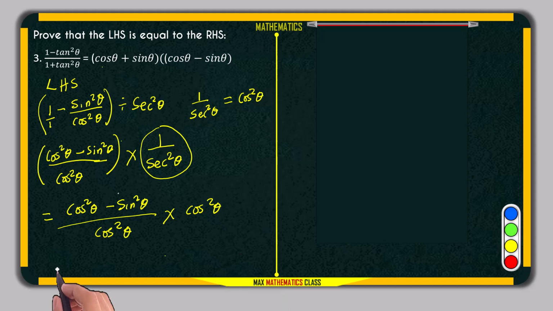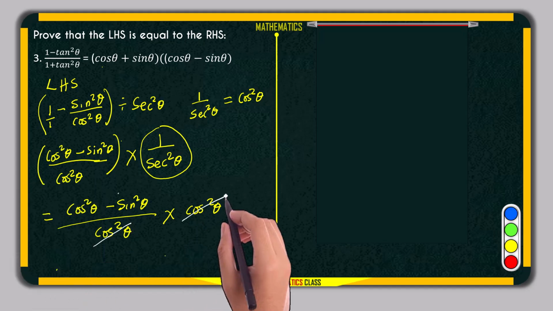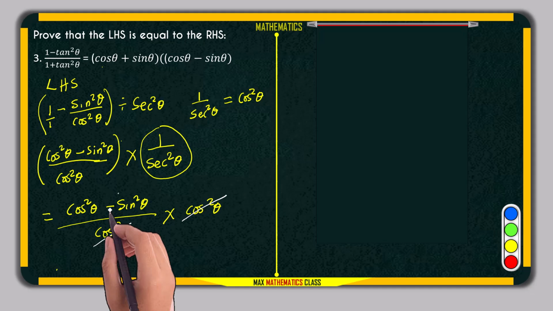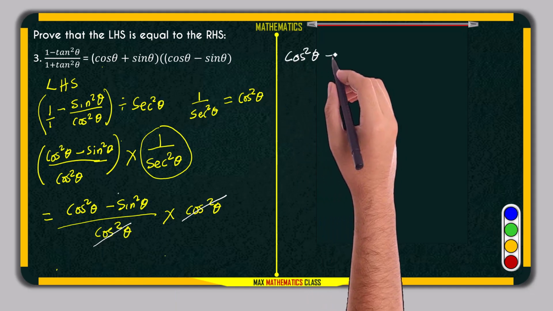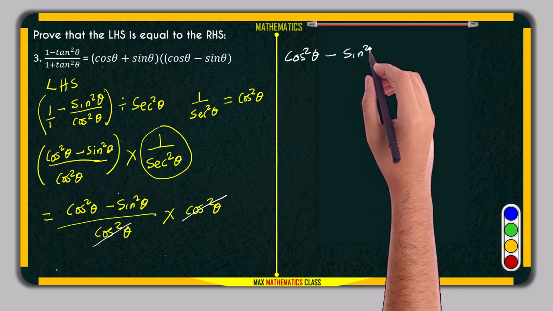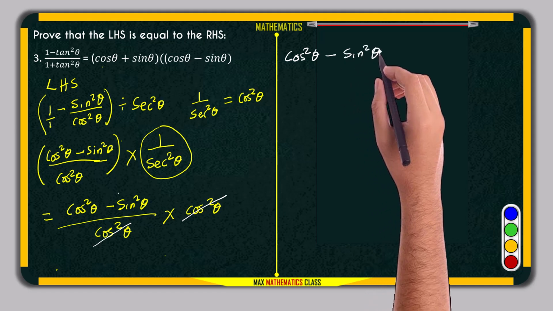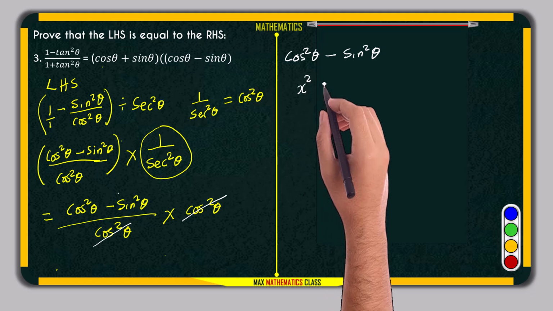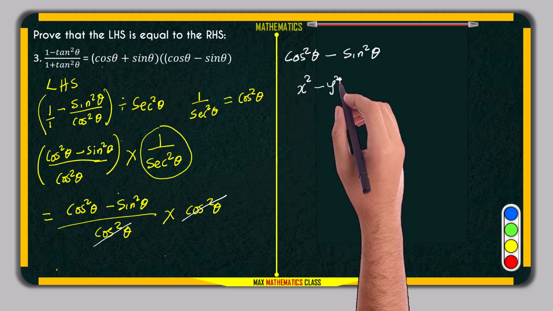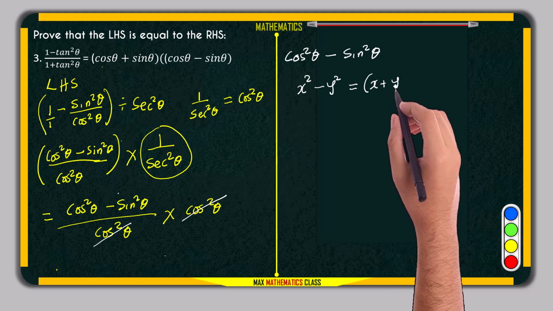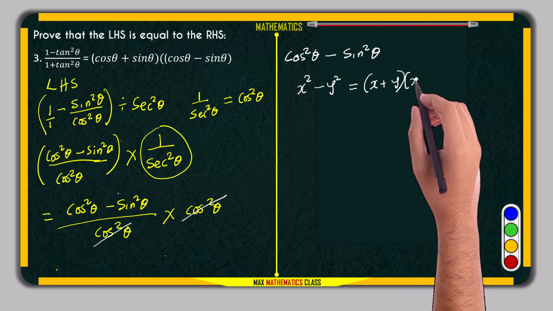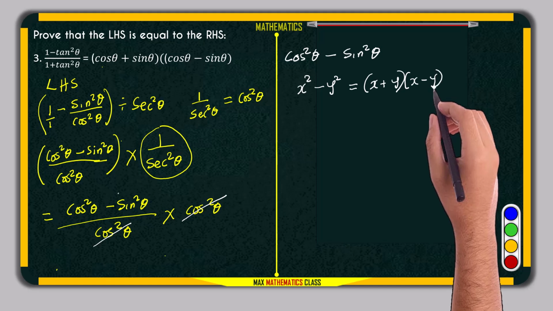So this cos theta cancels out this. So we are now left with cos square theta minus sine square theta. And we know that if you have x squared minus y squared, it is equal to x plus y times x minus y. So difference of two squares. That's what we have here now.